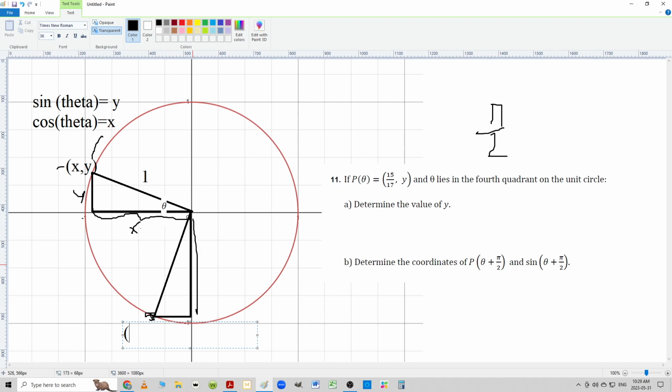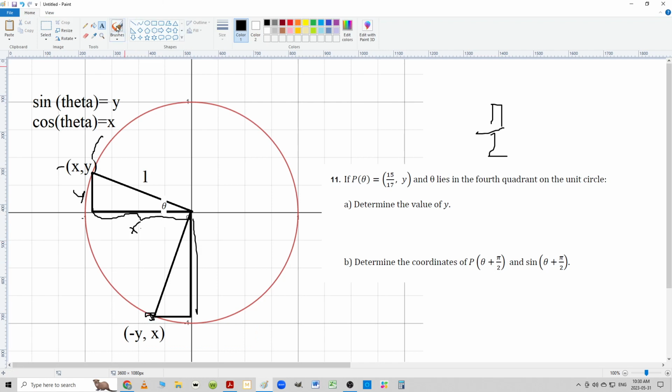The value of x down here is the value of y up top, and the value of y down here is the same value as x up top. And the x up top was negative, which is fine, but the y value up top, which is now the x value, has to be negative. And that's because up here the x value is negative and the y value is positive. Since the y became the x value here, and x values here are negative, we have to take the negative of y.